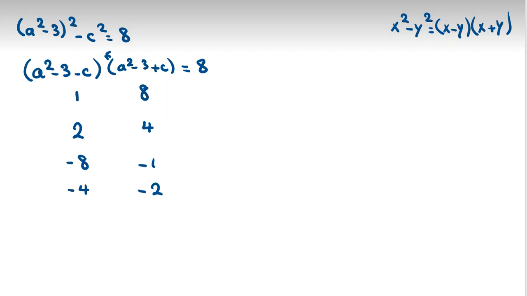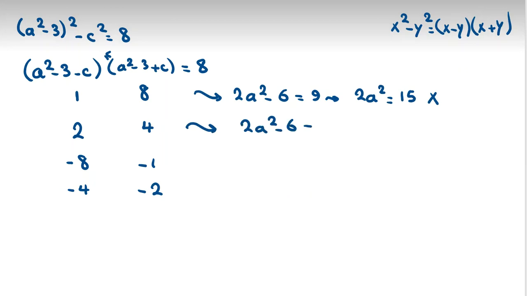Now, what should we do next? If we add up these two terms, it will be 2a squared minus 6, which will be 1 plus 8, 9. It's not possible because then 2a squared equals 15, the left side even and the right side odd. What about this?